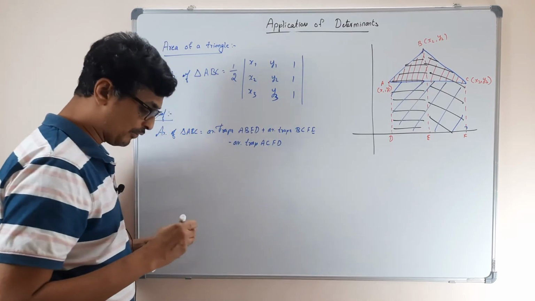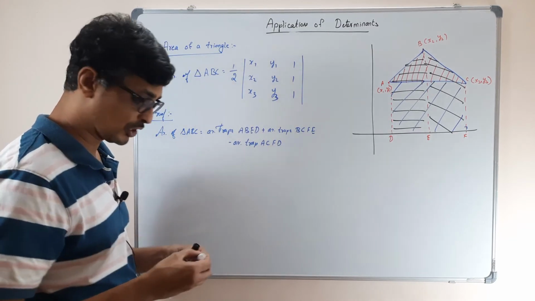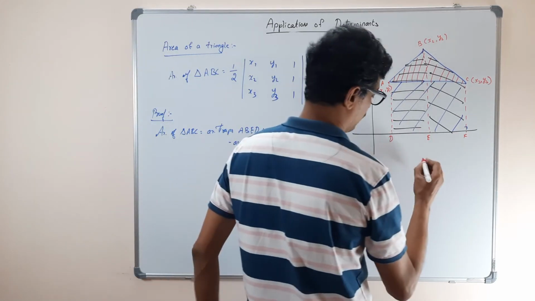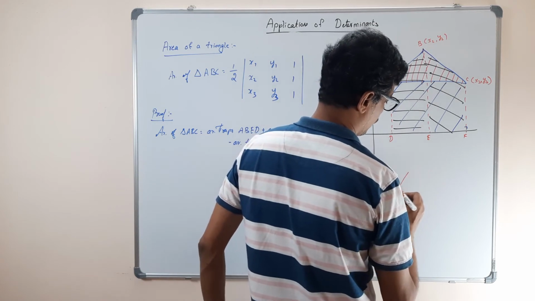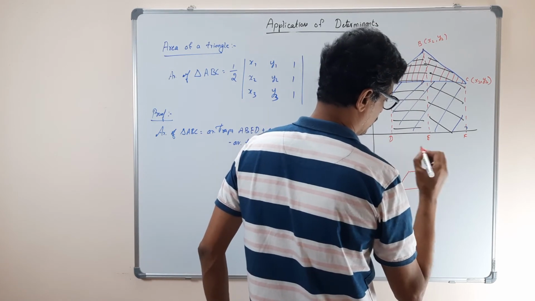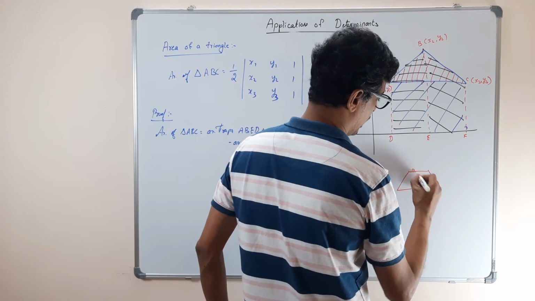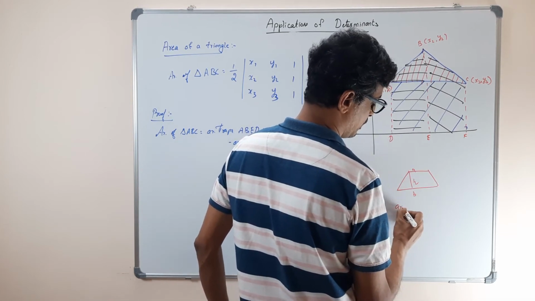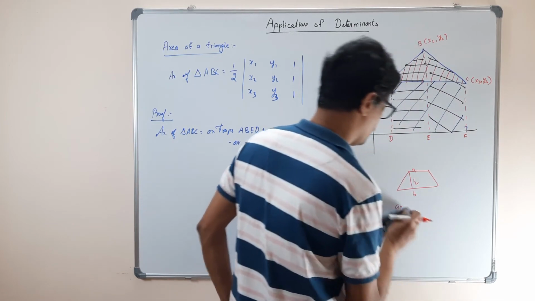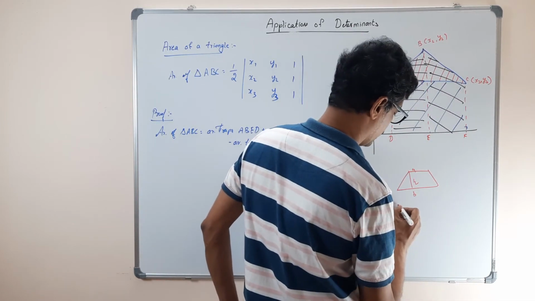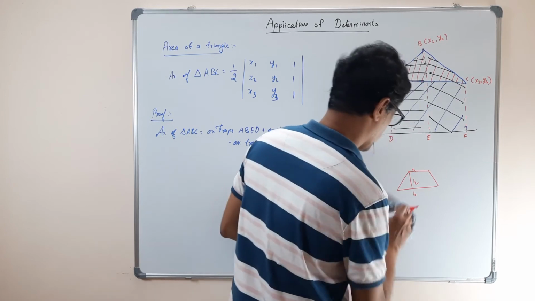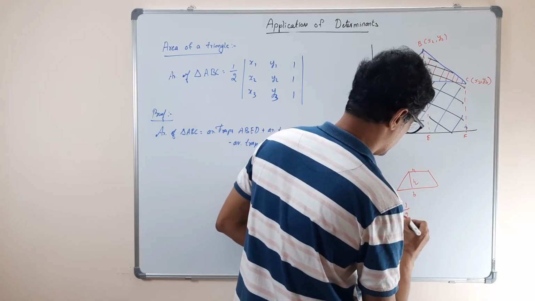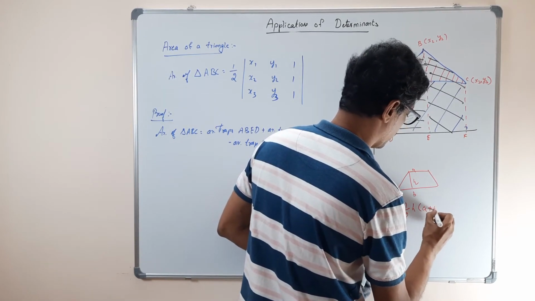Now you know what is the area of a trapezium? Suppose you have a trapezium where the parallel sides are a and b, and the height is h. The area of a trapezium will be half h into (a plus b).